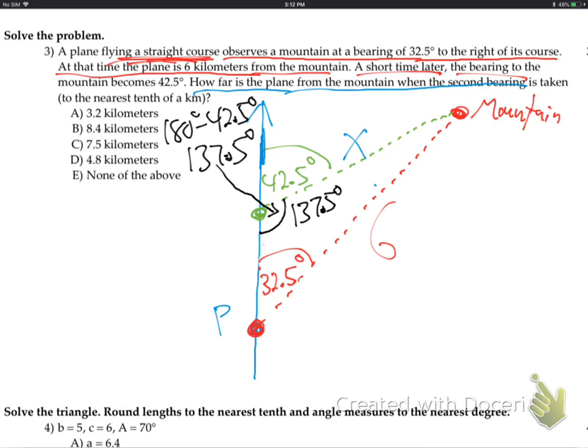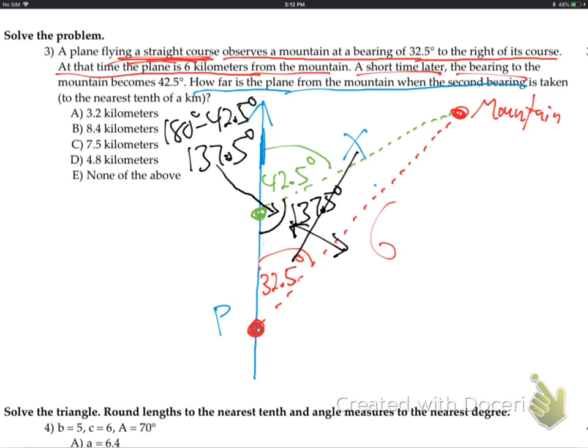Now, I've got these two which are across from each other. This is an angle and a side directly across from each other, which means that's a pair in the law of sines. Angle and side across. And then I've got the x and the 32.5, and I can find the x. Side over sine of angle equals side over sine of angle across from it.